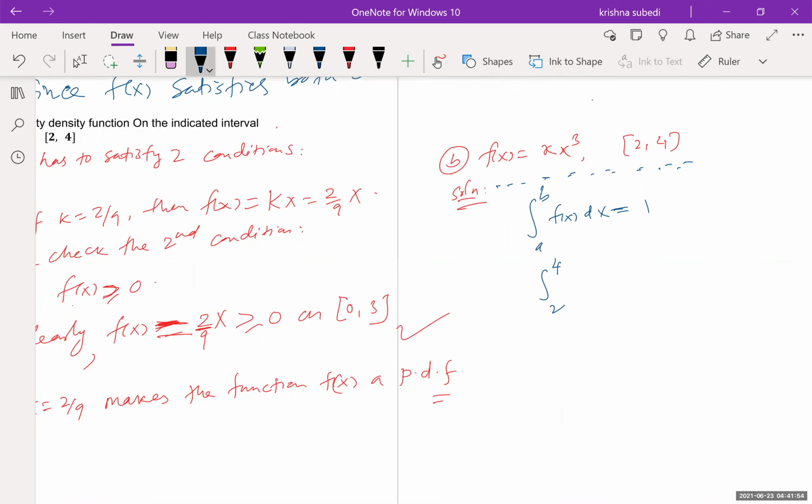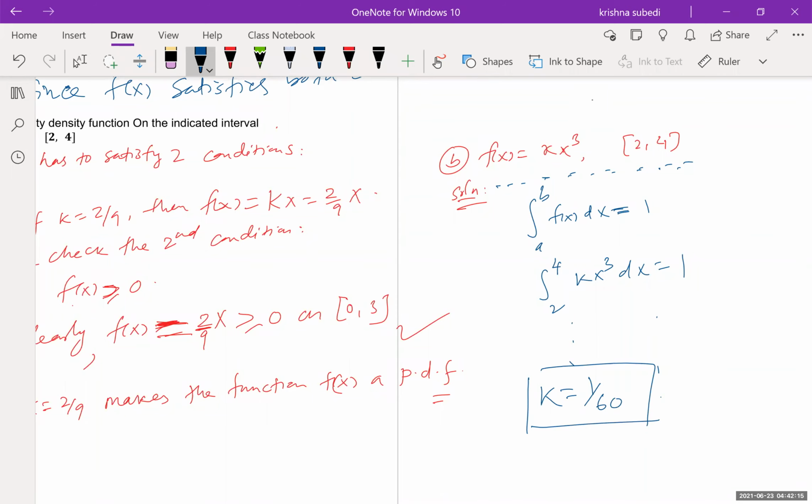So this equals 1, so you'll get the integral from 2 to 4 of kx cubed dx equals 1. Continue this, and the value of k will be 1/60, because so many of you got the same answer, and I trust that this is the correct answer.